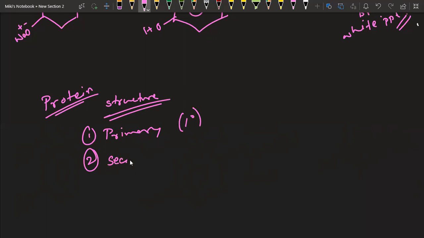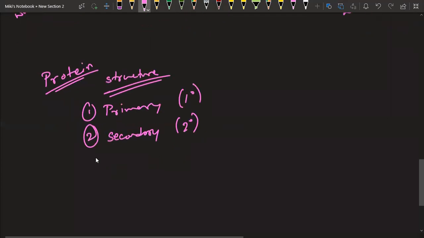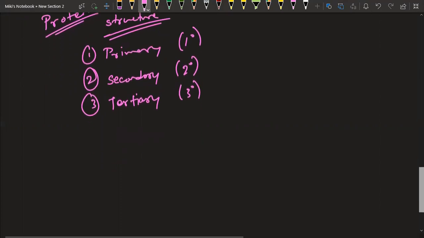Then we have secondary, which could also be mentioned as degree 2, second degree. And finally we have tertiary, degree 3. So these are the 3 structures of protein.